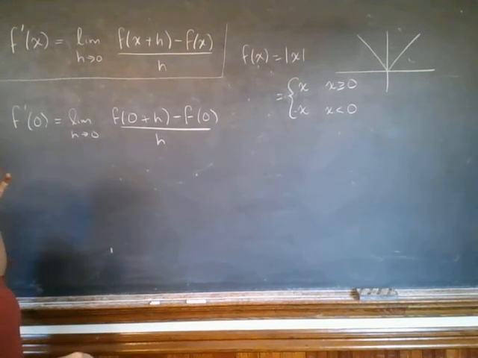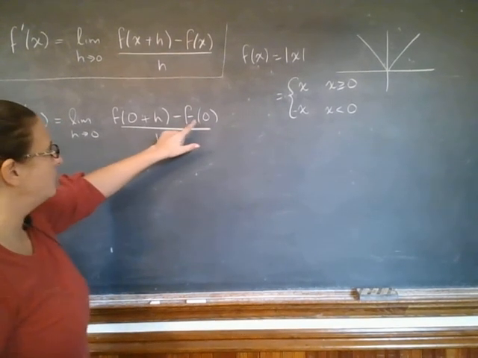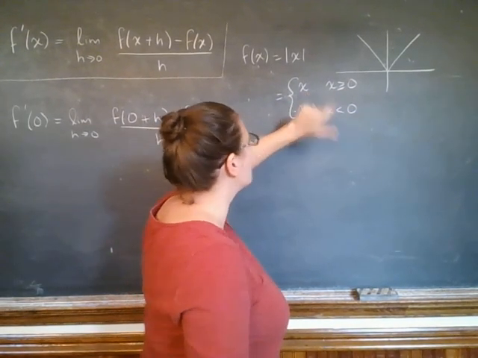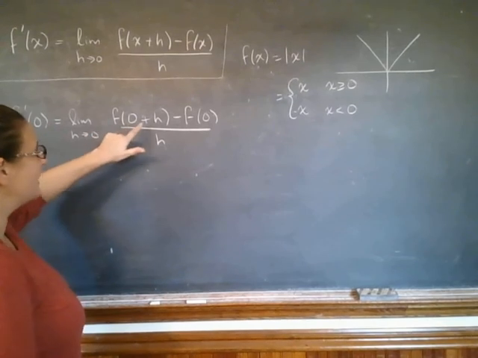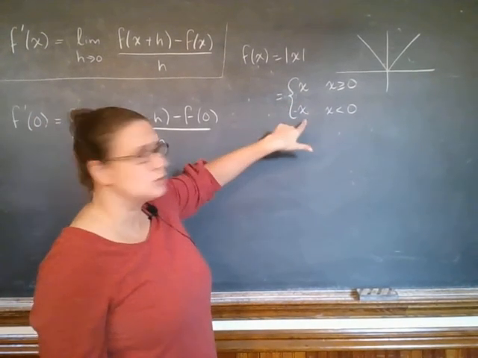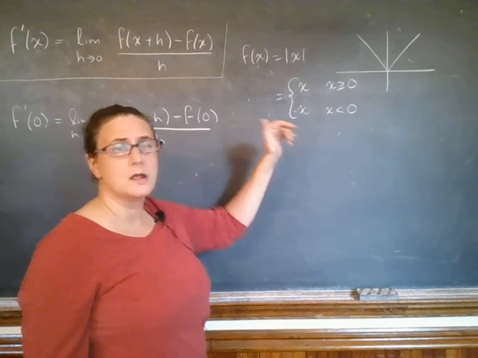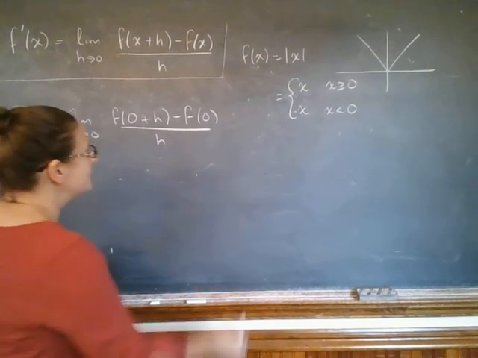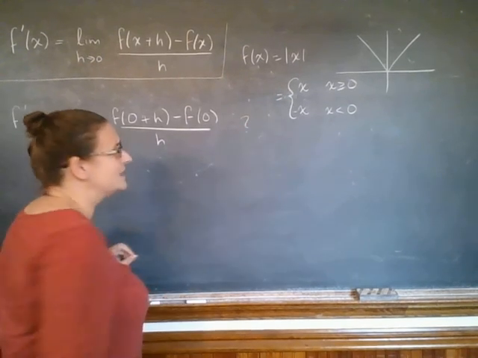Right? So I can read off what f of 0 is, because f of 0 is just 0. But when I put in f of h, I have a problem because it's either going to be plus h or minus h, depending on whether h is coming from the left or the right. So this by itself isn't good enough.